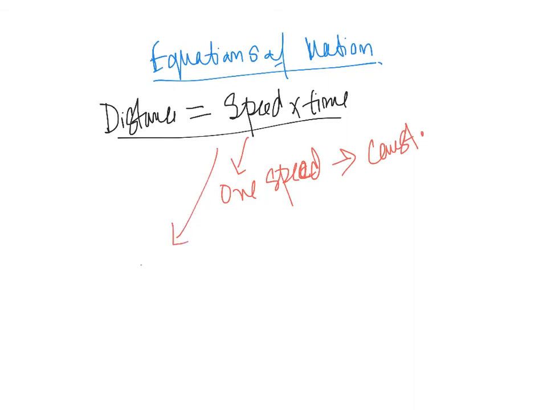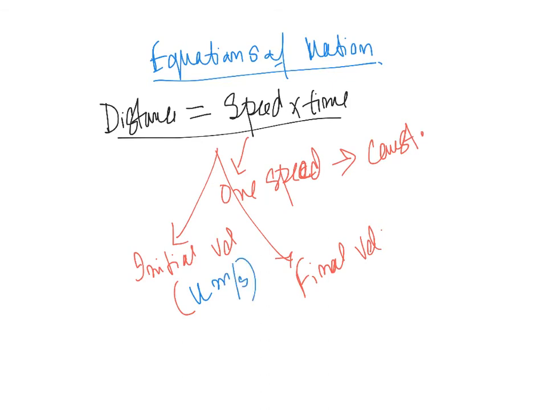One is initial velocity, and another one is final velocity. We would denote initial velocity as u meter per second and final velocity as v meter per second, right? So now this equation changes. That's why you have got not one but multiple equations of motion, actually 3.